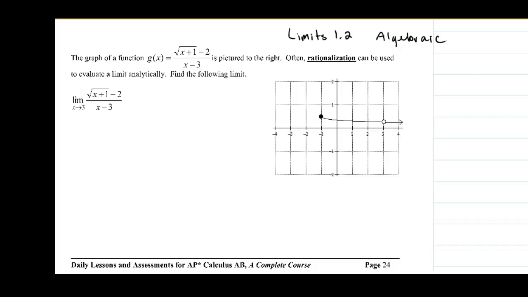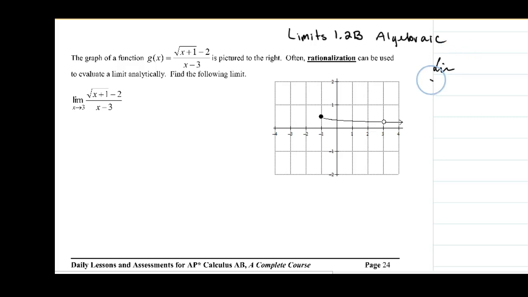Welcome back. We're continuing our AP Calculus lesson in limits with limits 1.2b, algebraic limits. In the first part of this lesson, we addressed the fact that when taking a limit of a function that's continuous at a given point, we can evaluate the function at that point.